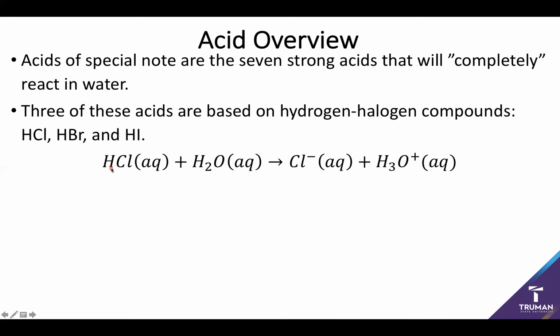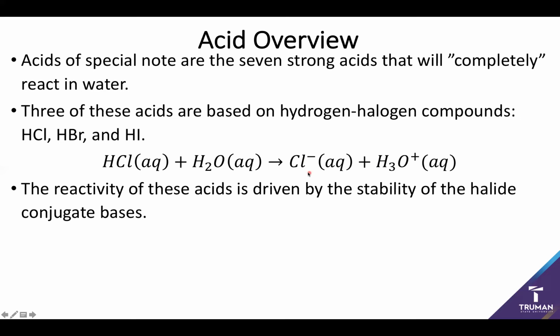Now, this proton can go ahead and leave the halide behind, producing chloride, bromide, or iodide. All of these are very stable species, meaning that that proton is more than happy to go hang out with water, because more or less these halides really like to be left alone. And this is really what's going to control the reactivity of these acids, is that once you get to the products, it's really not going to go back, because these halides really just like hanging out on their own.